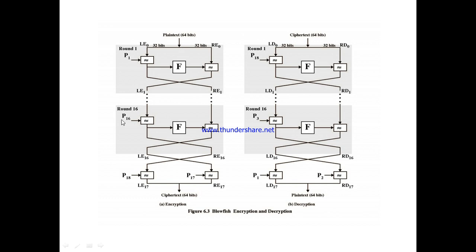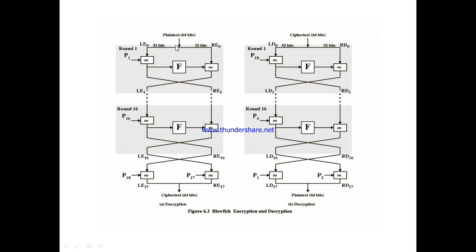Okay, so here is the operation we are going to perform. The input block is divided into two halves, left half and right half, that we represent with LE0 and RE0. For round 1, LEi minus 1 is LE0, and REi minus 1 is RE0. Clear?